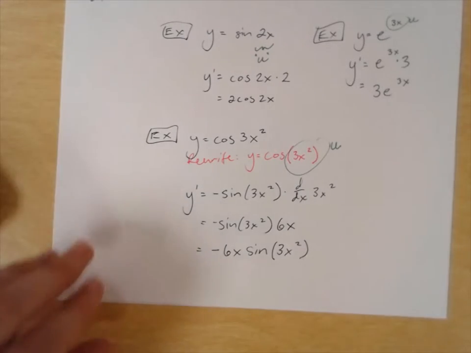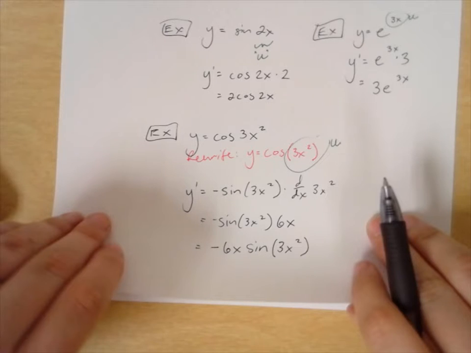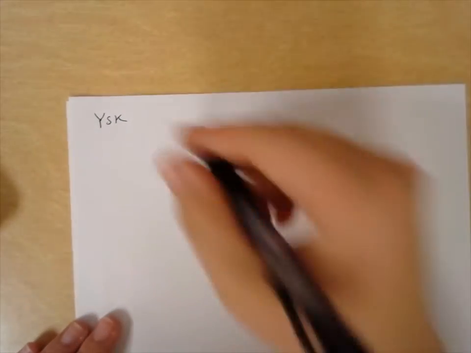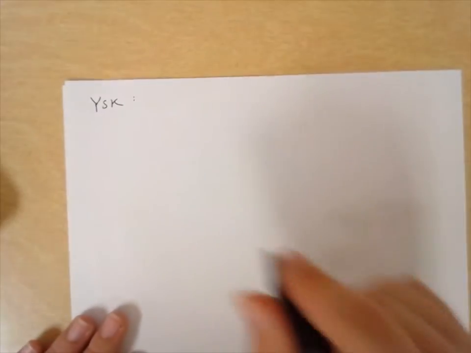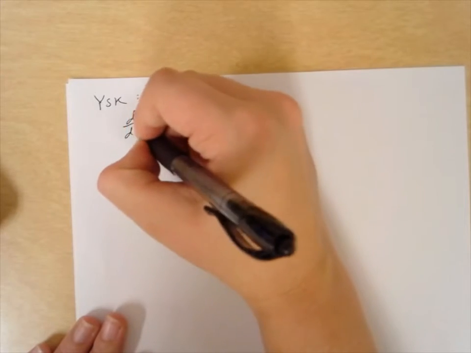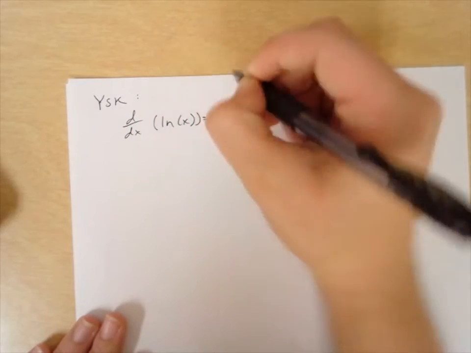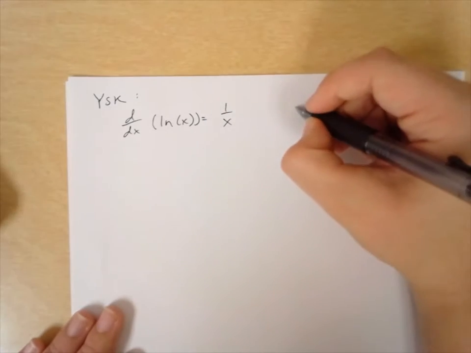Okay. Some other things you should know. The derivative of natural log of x is 1 over x.